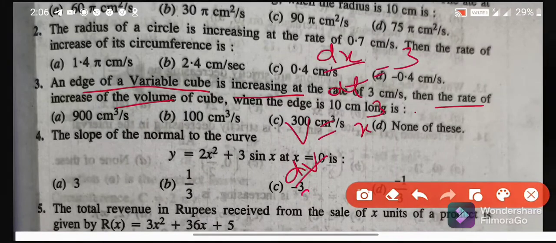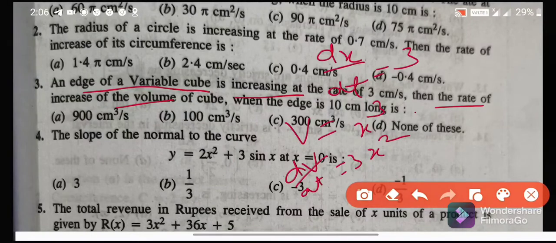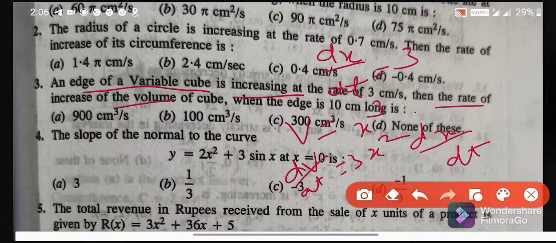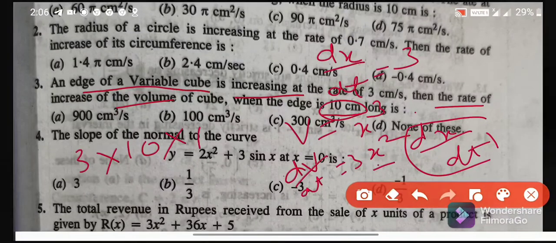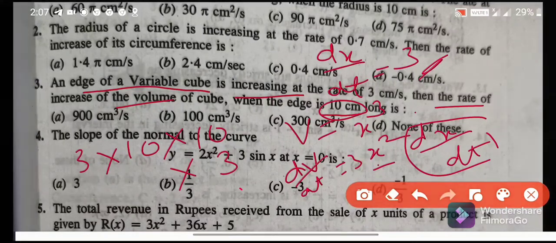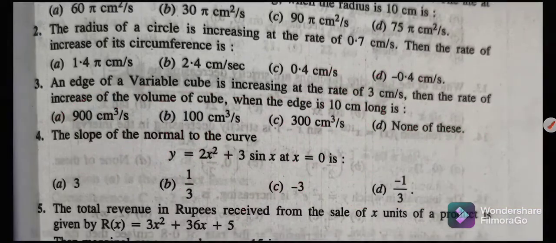Now dV/dt, differentiate this equation, 3x square dx/dt. Now put the value of x and dx/dt in this equation. 3 multiplied by x square, x is 10 cm, 10 multiplied by 10 multiplied by dx/dt, which is given as 3. So the answer is 900. So again the answer is option A.